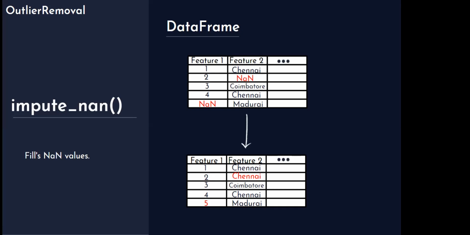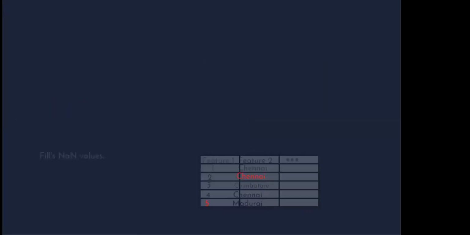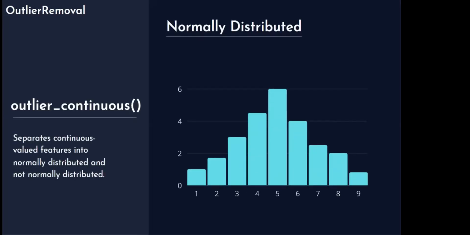It takes feature 1 as a target and all the remaining columns as features, and it starts predicting the missing values in feature 1. And simple imputer just fills the most repeated value. So here the missing values have been replaced, and outlier continues.